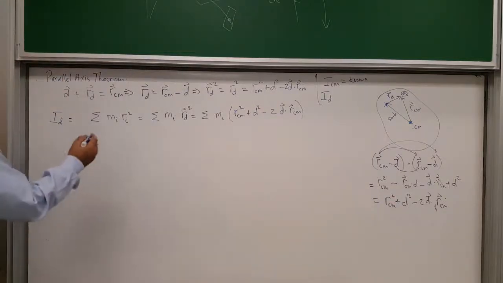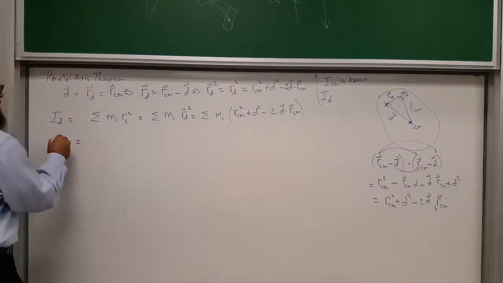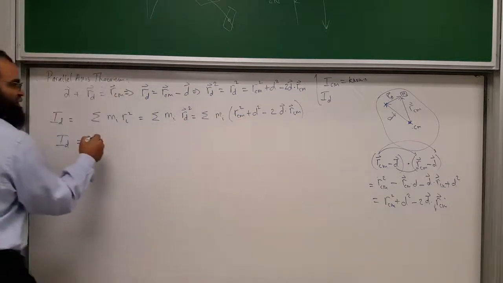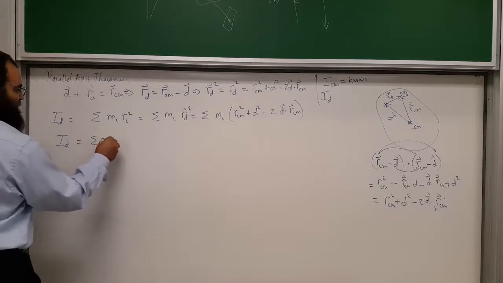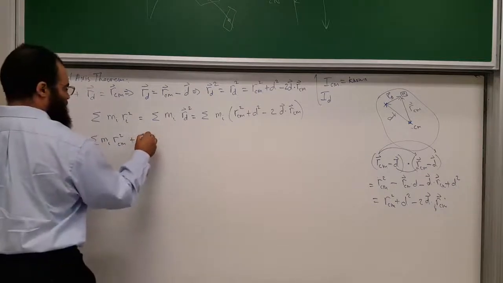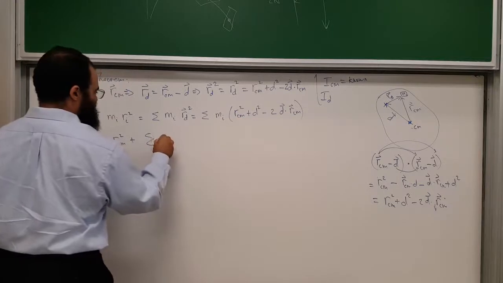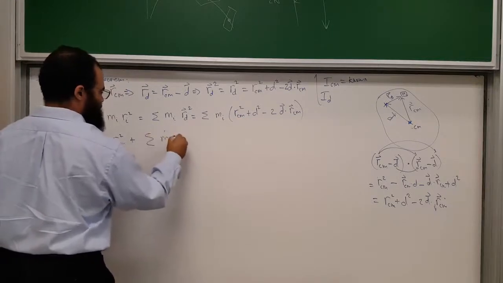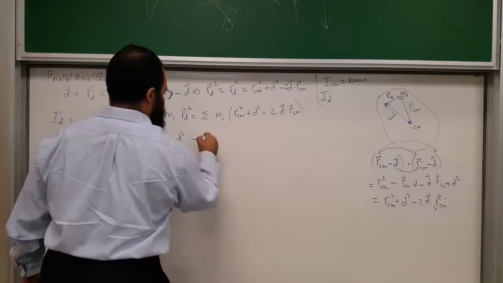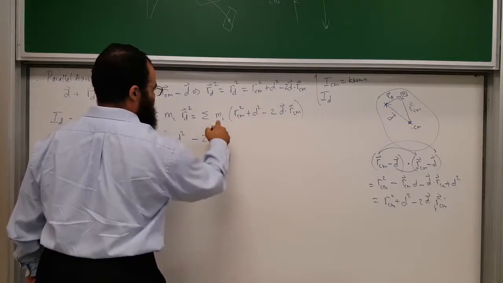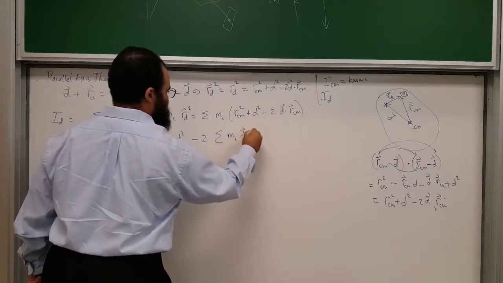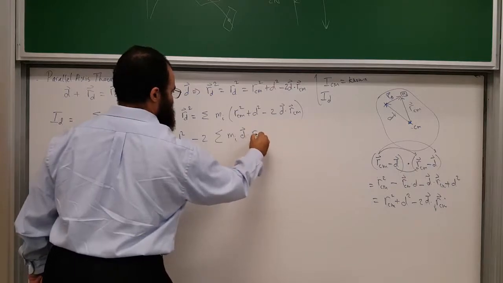And so let's expand this. I d will be the sum of mi times R center of mass squared, so I have mi times the distance to the center of mass squared, plus mi times d squared, minus, the 2 will come out, and then I have the summation of mi, and then d dot the R center of mass.